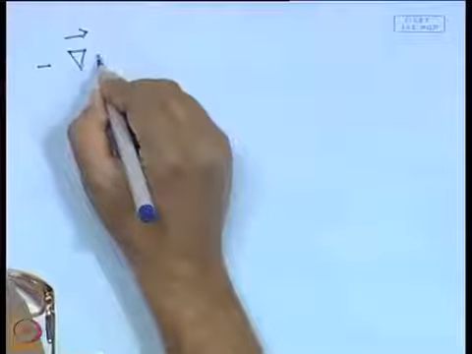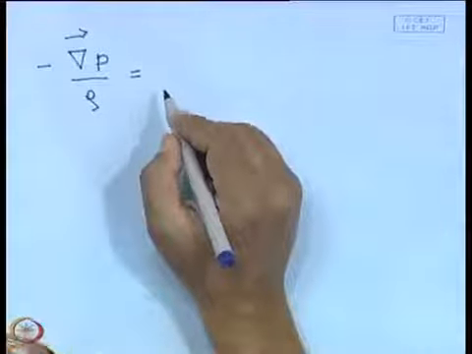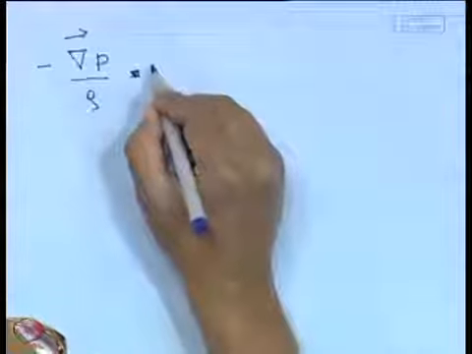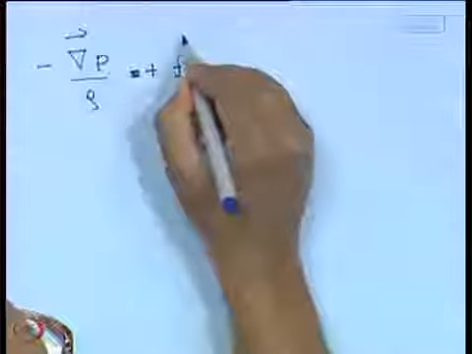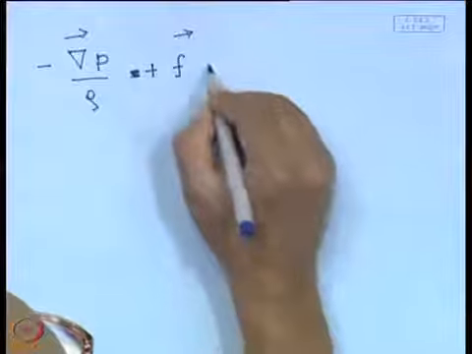So in hydrostatic equilibrium, the pressure gradient divided by the density should be equal to, rather this plus, the force per unit mass F. These two should be balanced.